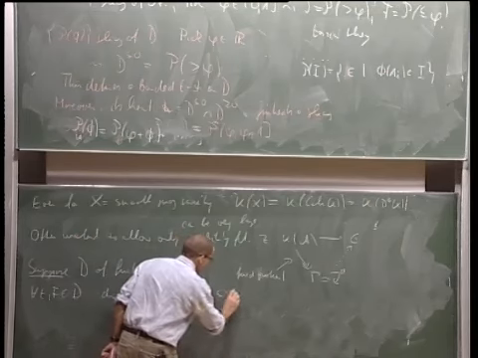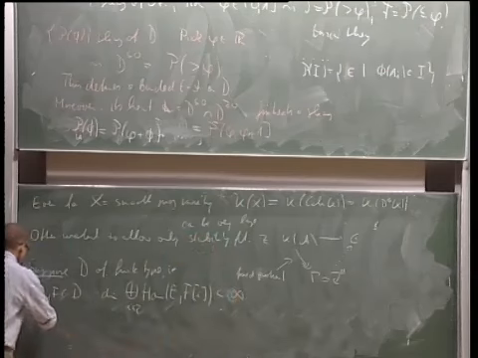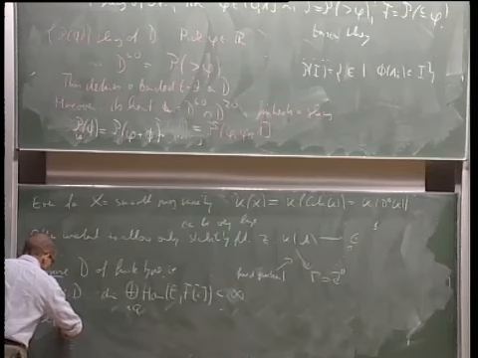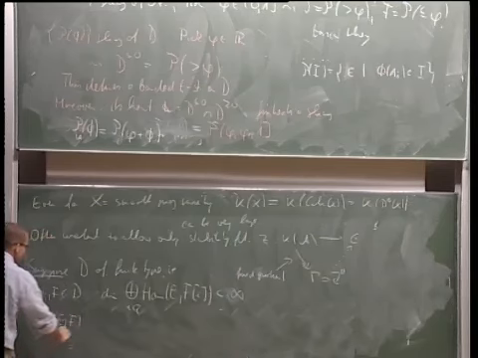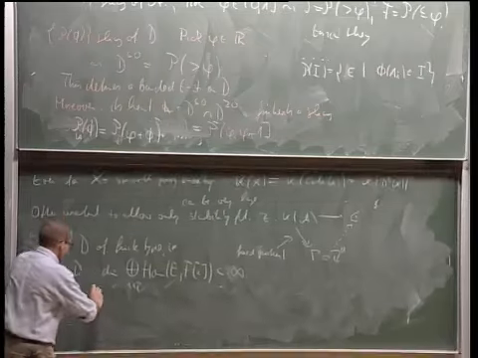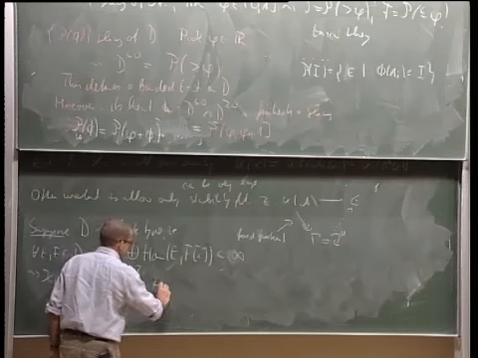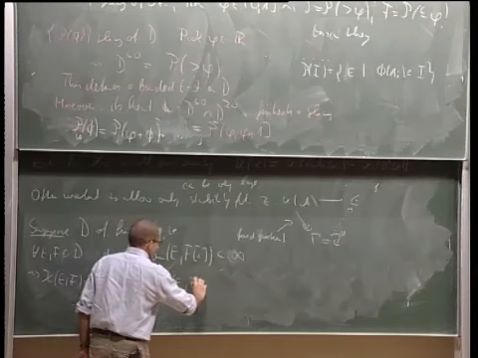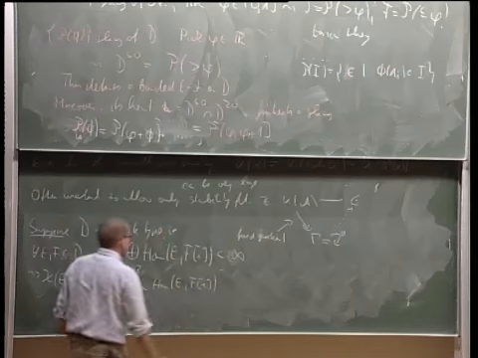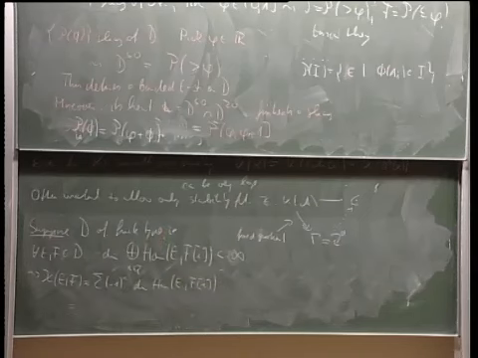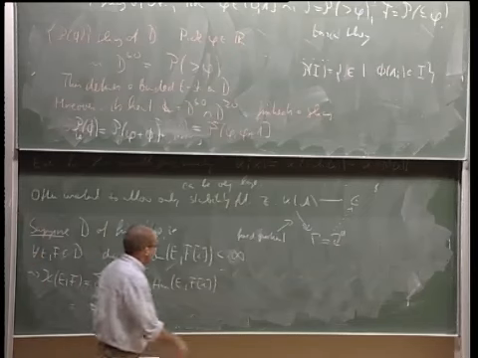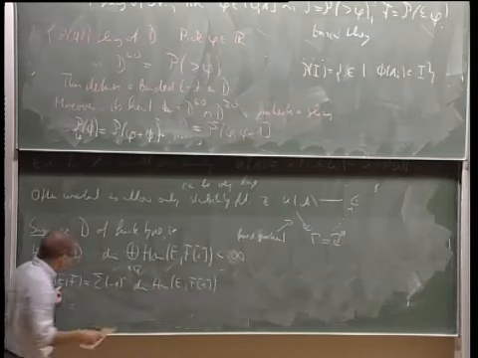Then you can define the pairing between E and F, just the usual Euler-Poincaré pairing, as the alternating sum of the Ext groups between E and F. This is a bilinear form because it is linear in each of these terms.